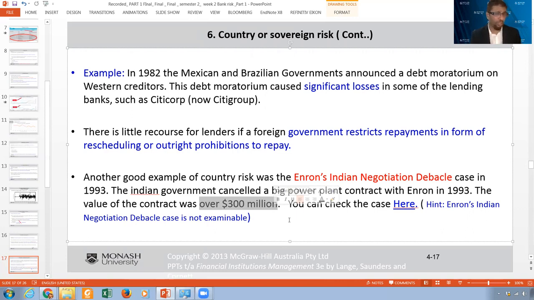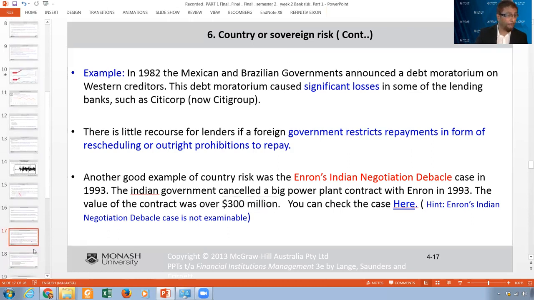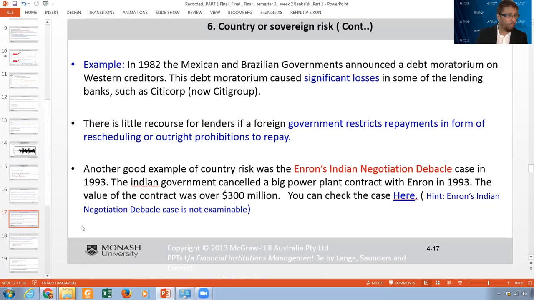Now we are not questioning what Enron has done or what the Indian government has done. We are just saying this political risk or country risk can happen for different reasons. Basically the Indian government thought that these power plants could be built by Indians, and they were able to do it. So that caused losses of around 300 million for Enron. This is an example in the book, by the way.